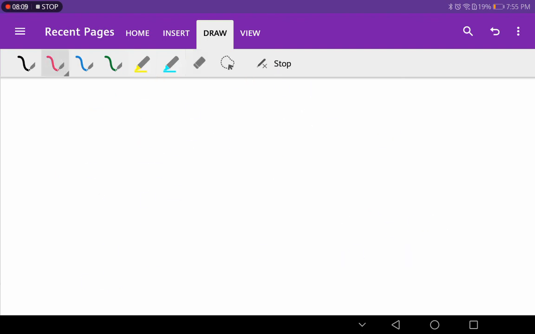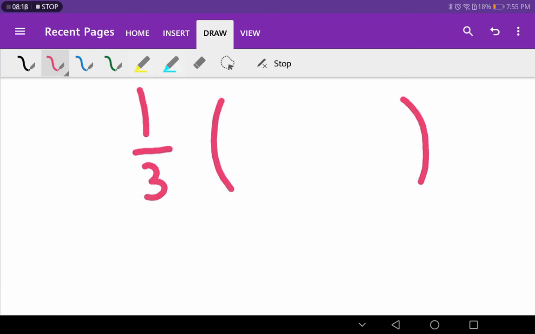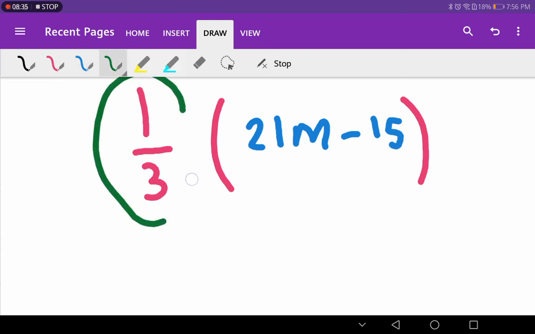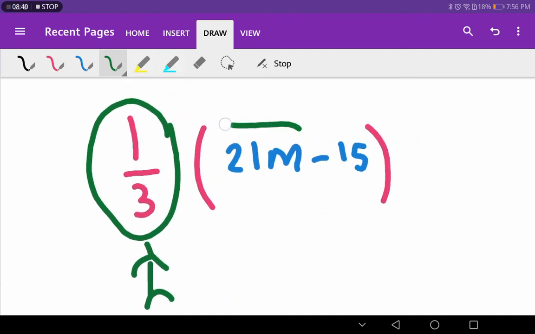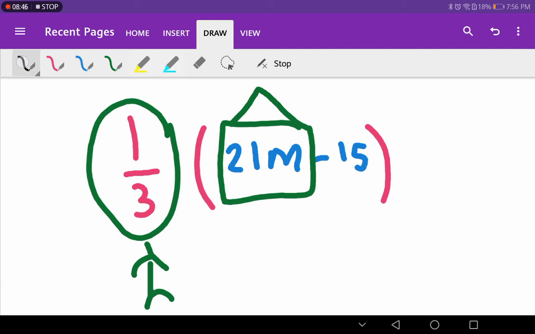Teacher, if I have a fraction multiply, like 1 over 3 multiply by, for example, 3m or 21m, negative 15, like this one. As you know, this is Ali, but his head is bigger, a little bit, because of the fraction, and Ali has a home he must visit and a farm he must visit.